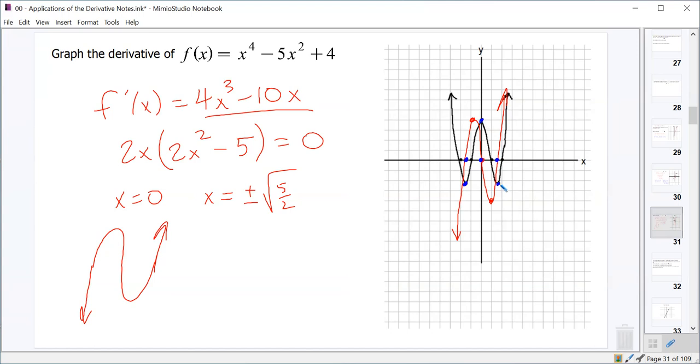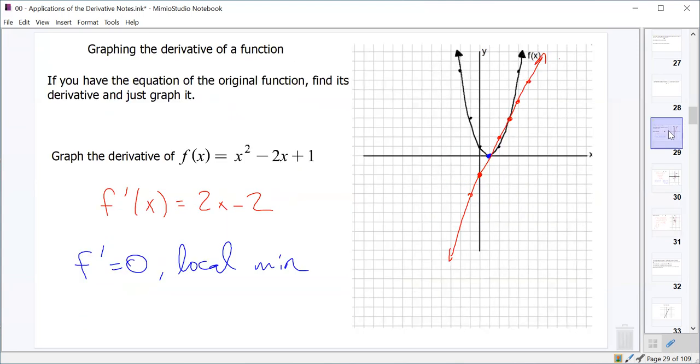Beyond that, it would be good for us to notice that to the left of this x-intercept of my derivative, f prime of x is negative. And we'll note that when f prime was negative, our function was decreasing.